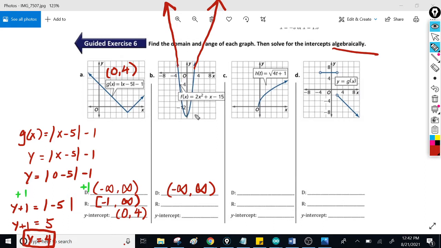And then for the range, it's going to be how high and how low does it go. This one right here is tricky because it is slightly off to the left.